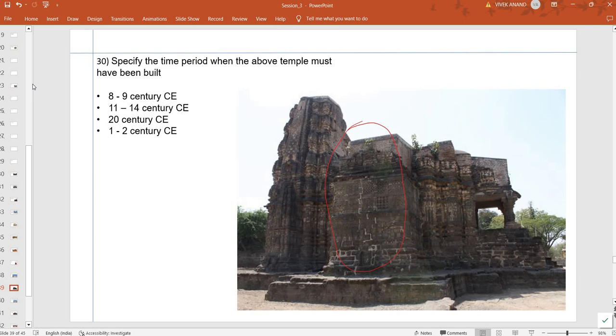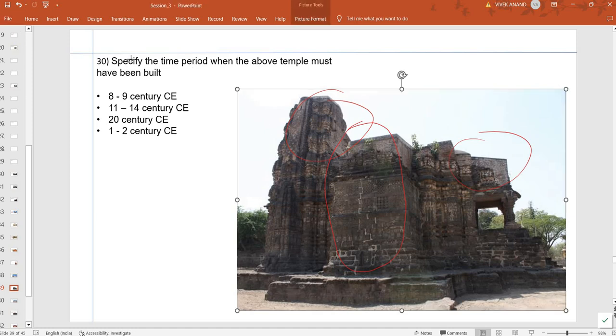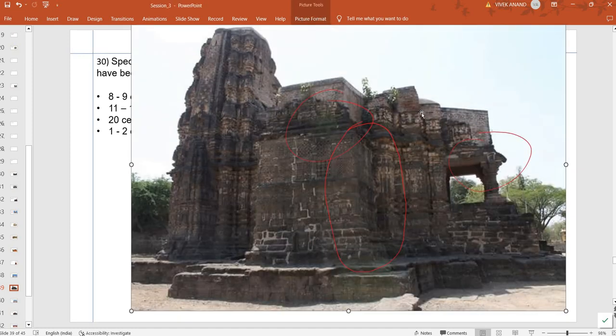In the superstructure, you can see brickwork, like all this part. So zoom in a little bit on this. Can you see? In this part, there is brickwork. Am I right?